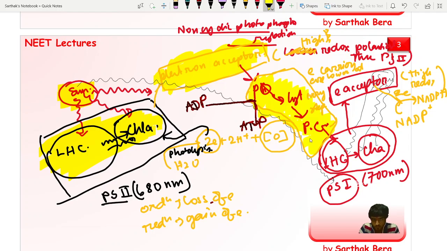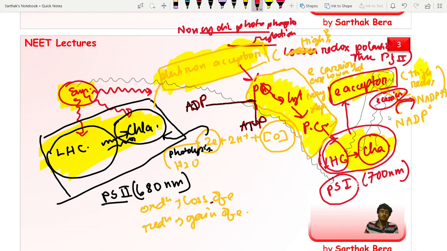This plastocyanin transfers electron to photosystem 1, and photosystem 1 again pumps the electron to the electron acceptor, which is at a higher redox potential than photosystem 1, and this electron acceptor passes the electron to other electron carriers, and through these the electrons are accepted by NADP plus, and NADP plus gets reduced to NADPH, because oxidation is loss of electron and reduction is gain of electron.